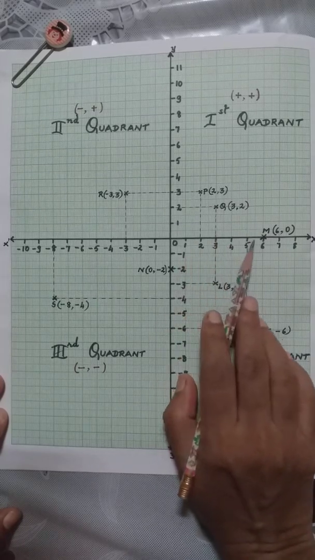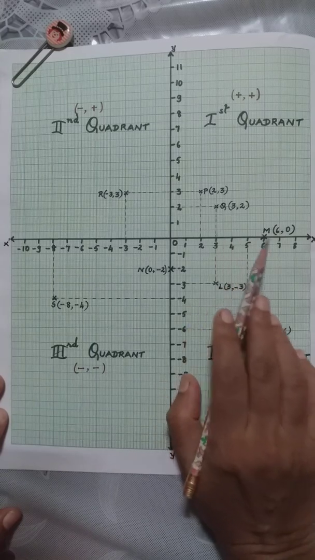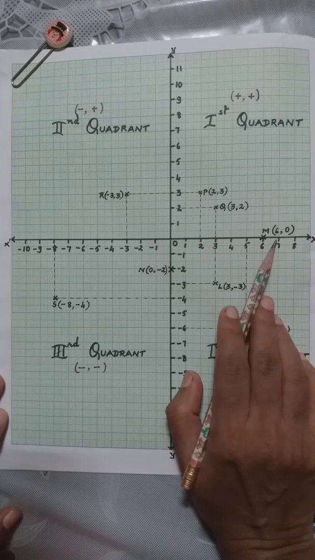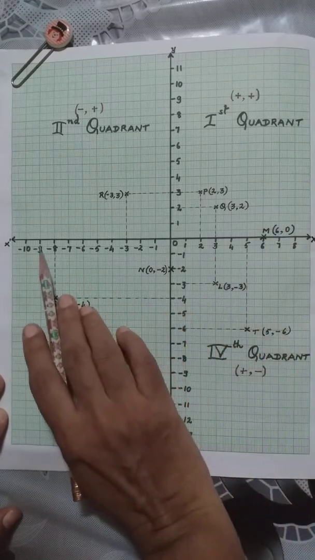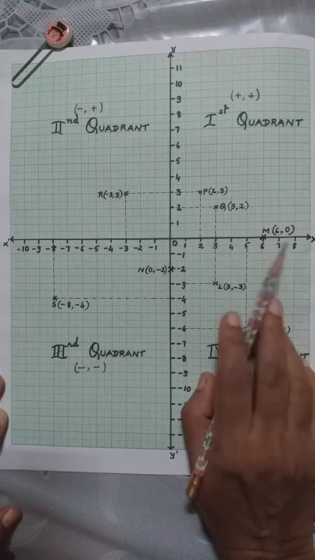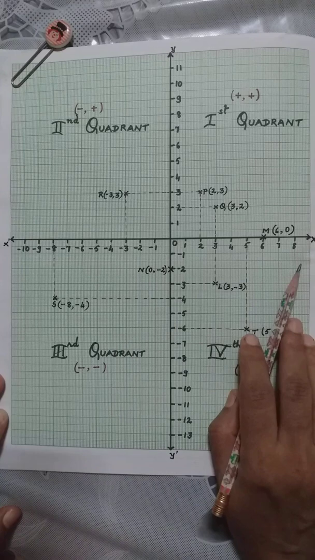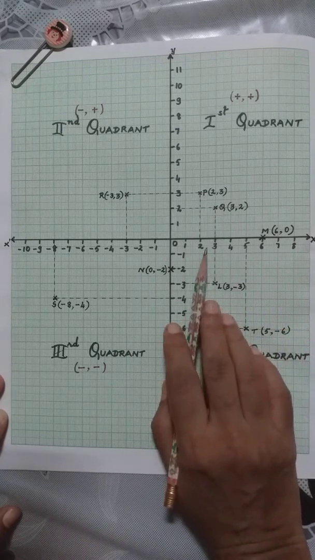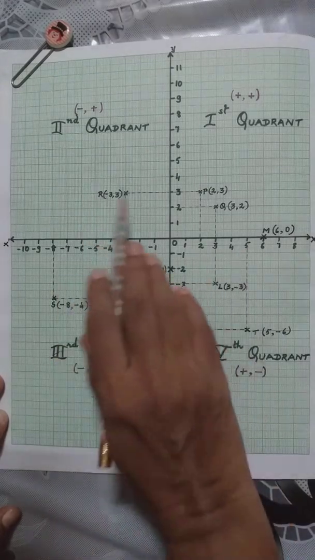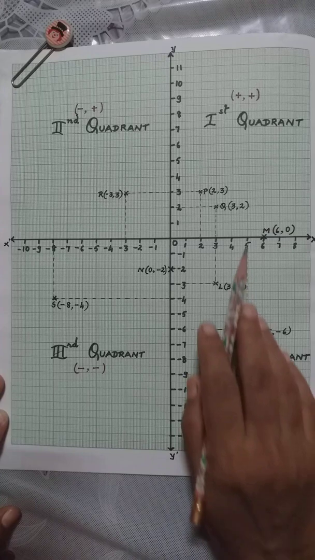So do you notice that each time the second coordinate is 0, that means the y coordinate is 0. So we see that always on the x-axis the y coordinate is 0. We will see the opposite on the y-axis, that is, the x coordinate will be 0.